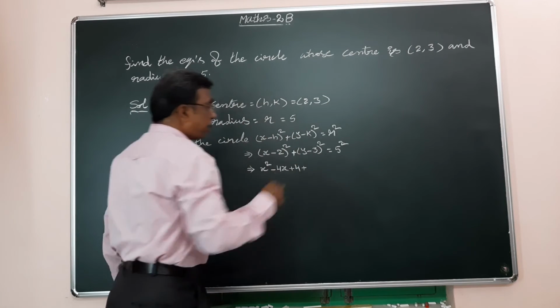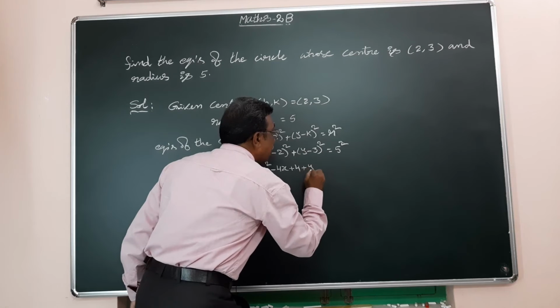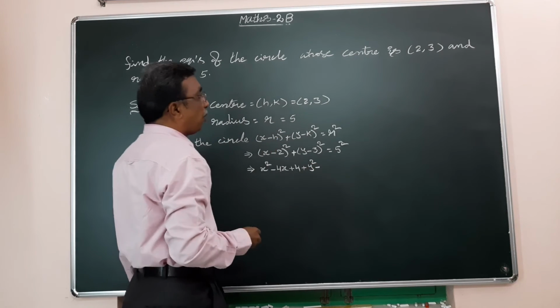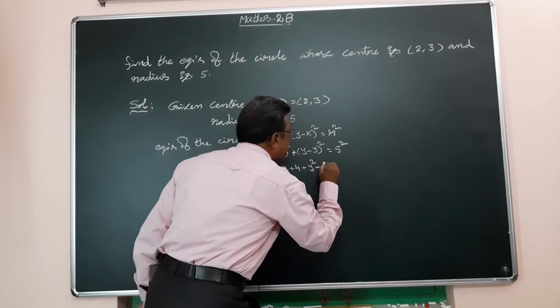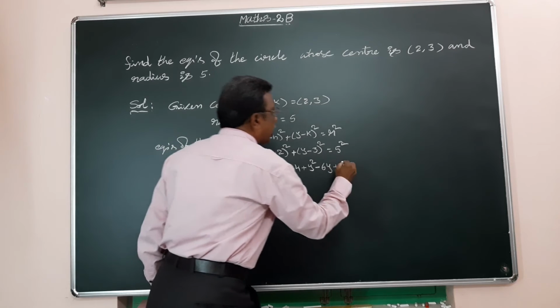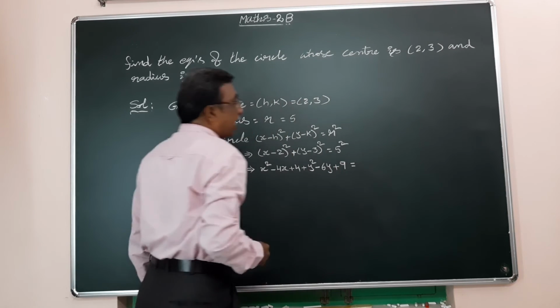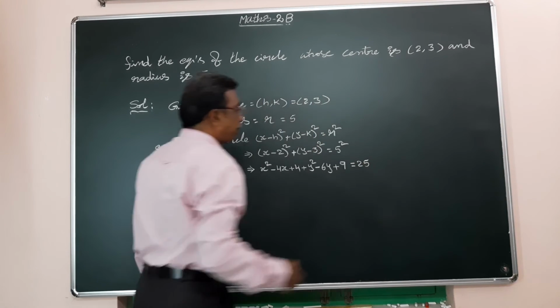Plus, by using the formula, y square minus 2 into y into 3, 2 3s are 6, 6y, plus b square, b is 3, 3 square 9. Equal to 5 square, 5 5s are 25.